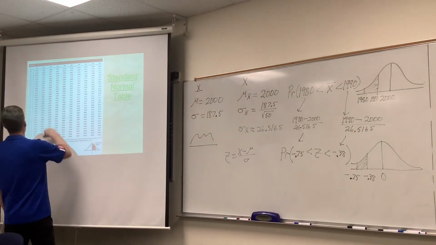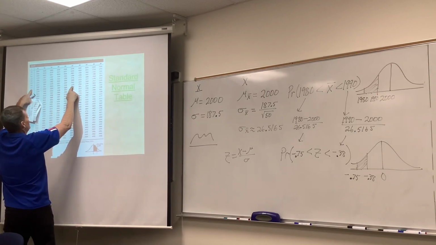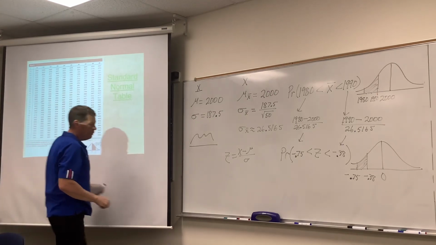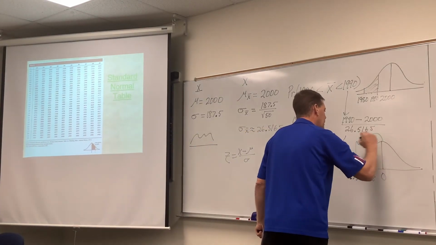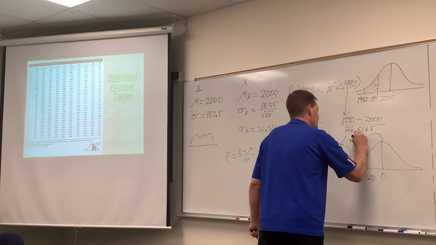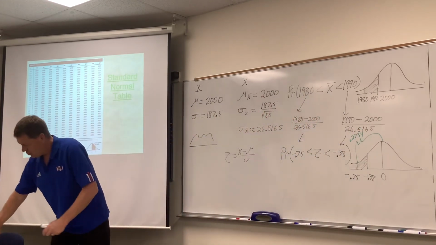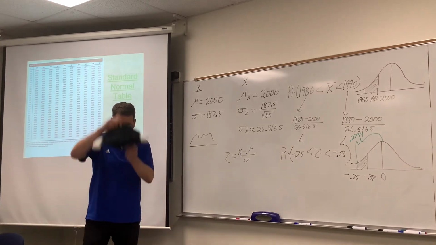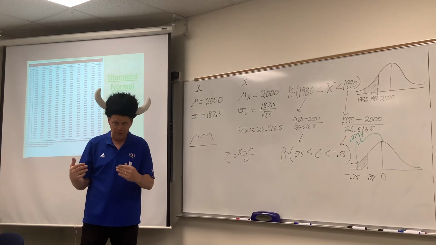We did that a long time ago. So 0.75 makes a middle sliver of 0.2734. And that would be this middle sliver right here. 0.2734. Let me confirm that's what I found earlier. Yes, just remember, this table always gives the middle sliver.